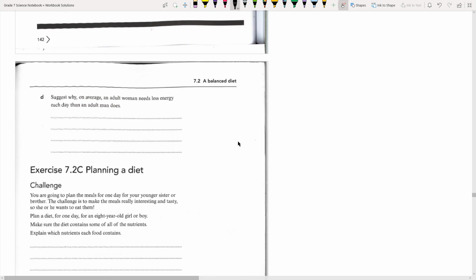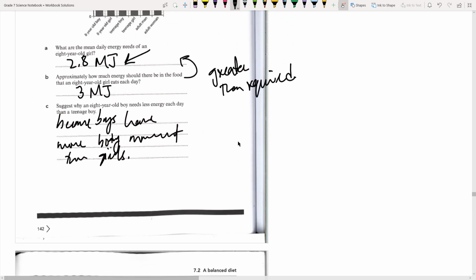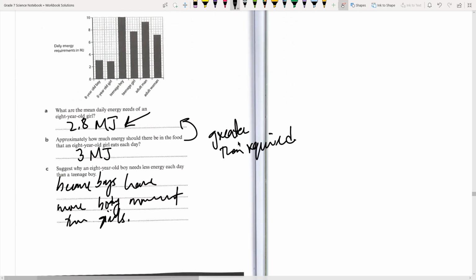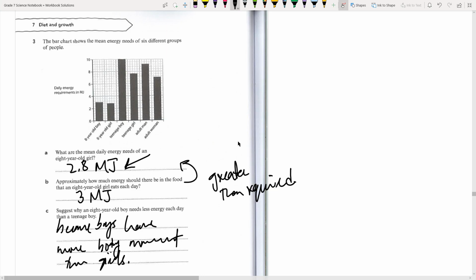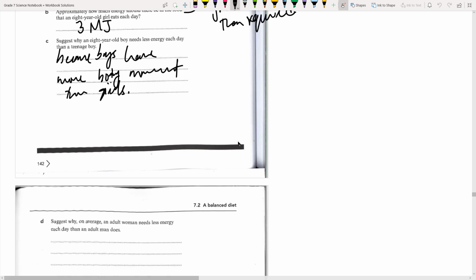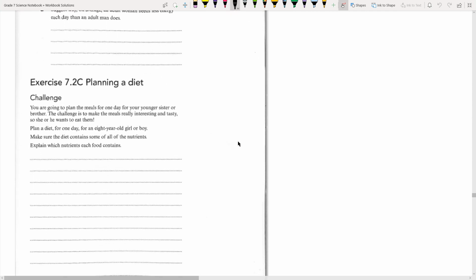Women or girls who are athletic definitely require more energy than listed here, because this is a general idea of how boys and girls are differentiated in terms of body movement. But if there's an athletic girl, she is going to require quite a lot of energy to perform her routine practices for being an athlete, right?